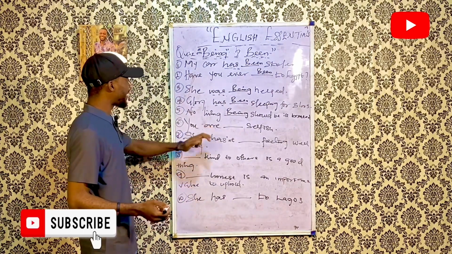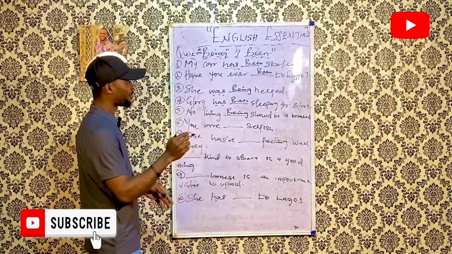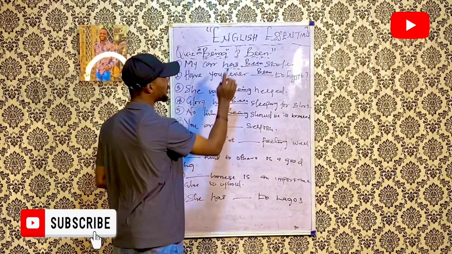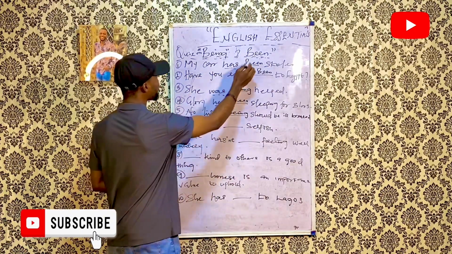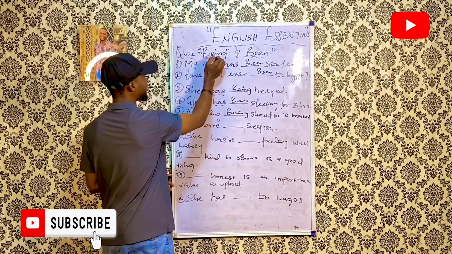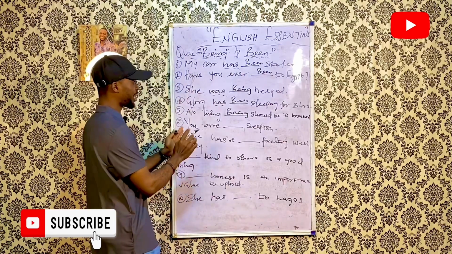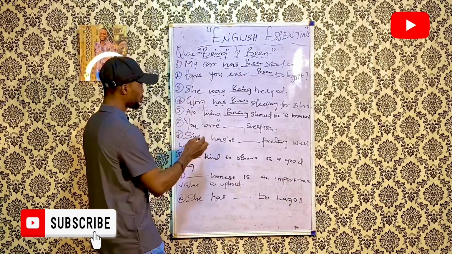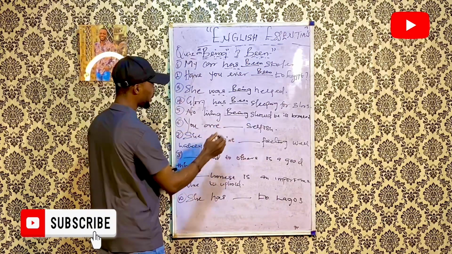So if you find any other word apart from has, have, or had, and there is need to put in any of these, the one you are going to go for is "being", never "been". So this does not only apply to is, are, was, and the rest, it also applies to other things, like what we have here: "no living being".